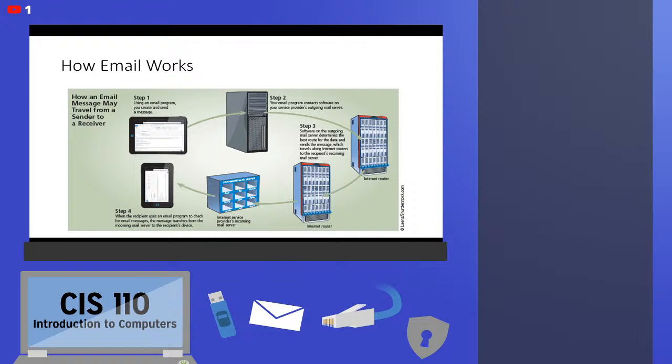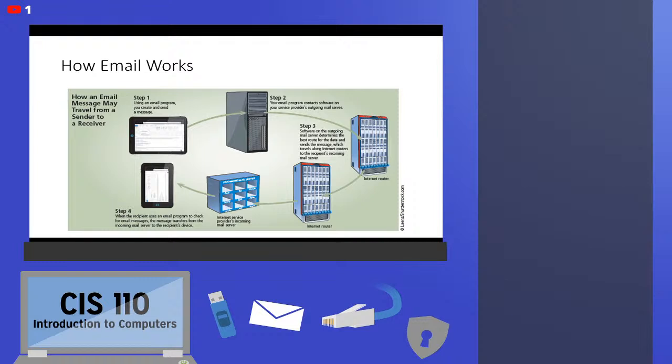It's like we were looking at last week when we were looking at how the internet works. You put in that request to get that website. It sends the message to a server that's going to look for the server that has that domain name, the server that has that website on it. So that's essentially what's happening here.